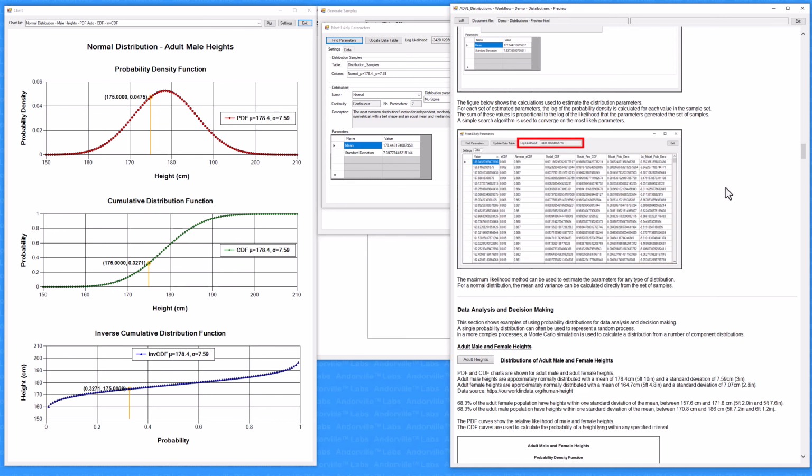The sum of these values is proportional to the log of the likelihood that the parameters generated the set of samples. A simple search algorithm is used to converge on the most likely parameters.